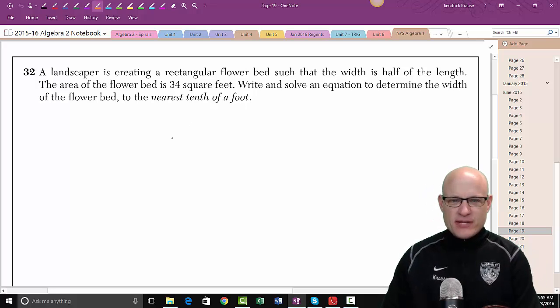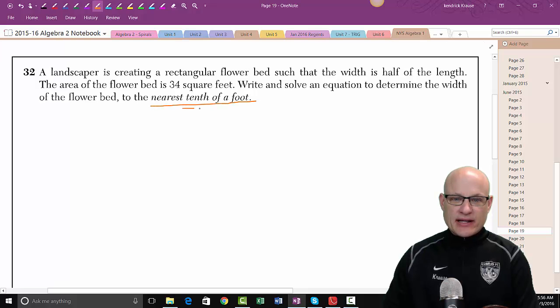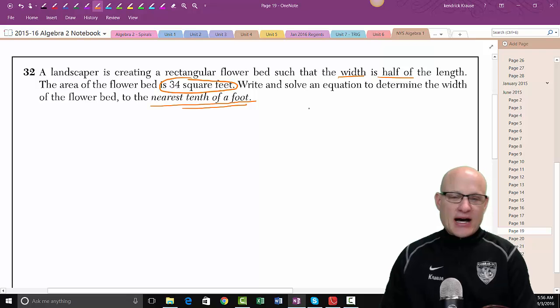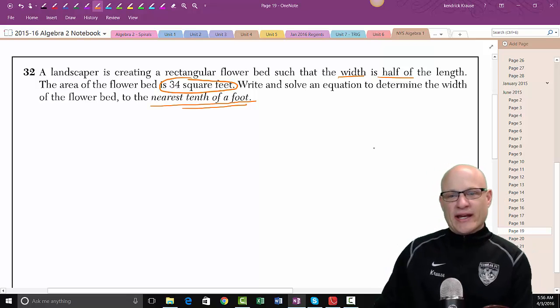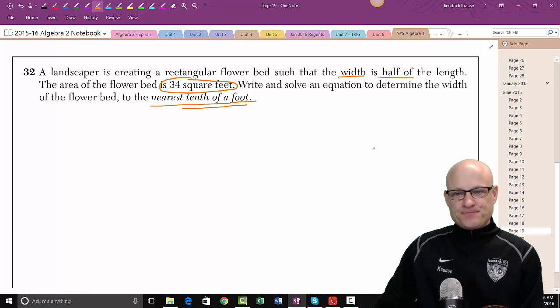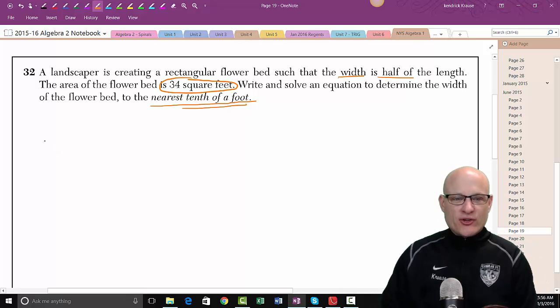Not today. So we're going to round to the nearest tenth of a foot. The area of the flower bed has to be 34 square feet, and the bed such that the width is half of the length.